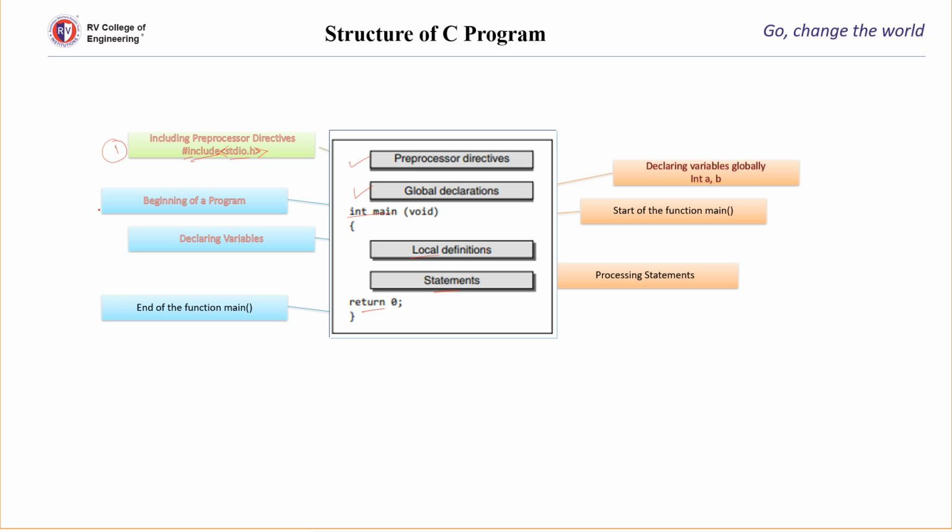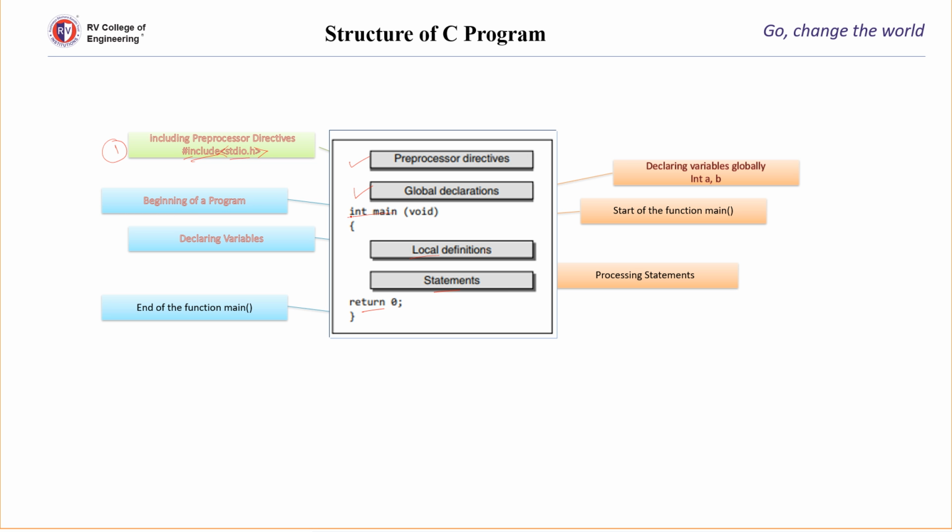The next one is the global declaration. Now given a problem, you can divide the problem into multiple modules. If those modules are using common variables, we can declare them globally. So it is here that you declare the variables globally. The next one is the beginning of the program.